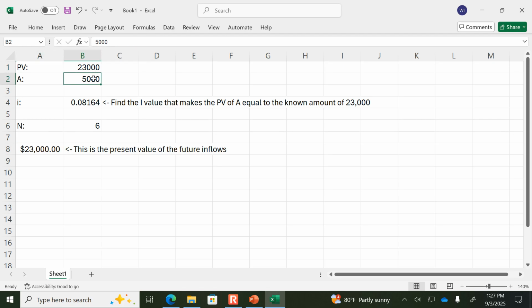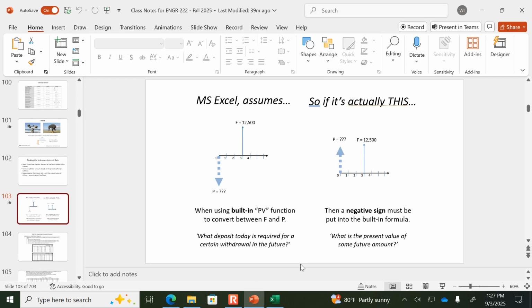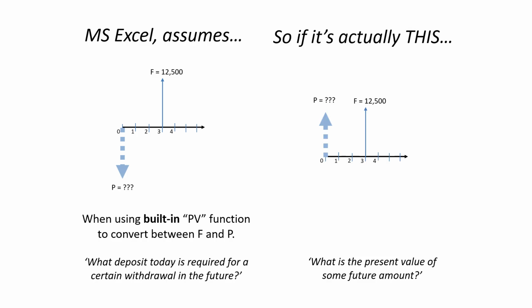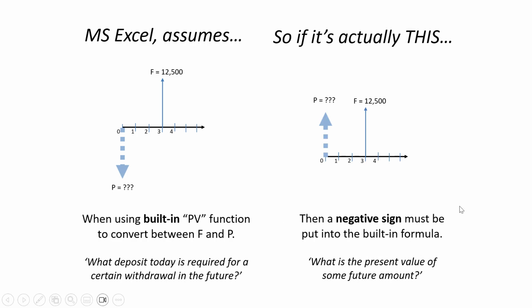If you had positive values in, you get positive values out, but you have to manually correct for that change of direction by putting the minus sign inside of the function. So the negative sign we'll be putting into the formula almost every time we use those built-in formulas in Excel. And I'll remind you of that until it becomes a habit, and it will.